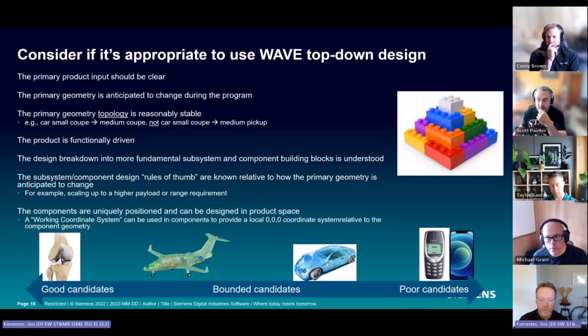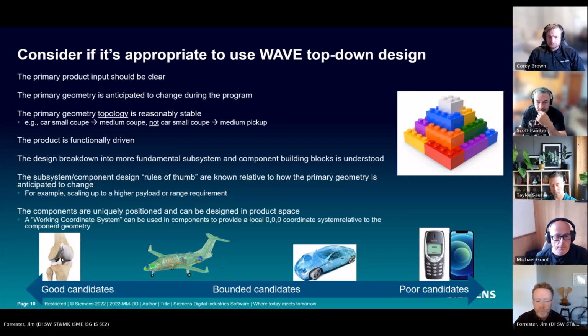If you go into this winglet here and open that part file, it is actually out there in that space. Okay. Makes sense. A bolt, you wouldn't do that with. A bolt, you would do in component space or at 0-0-0, and then you would position it wherever you want in the product. So they're not uniquely positioned. And so that's different. Okay. Thanks. Makes sense.